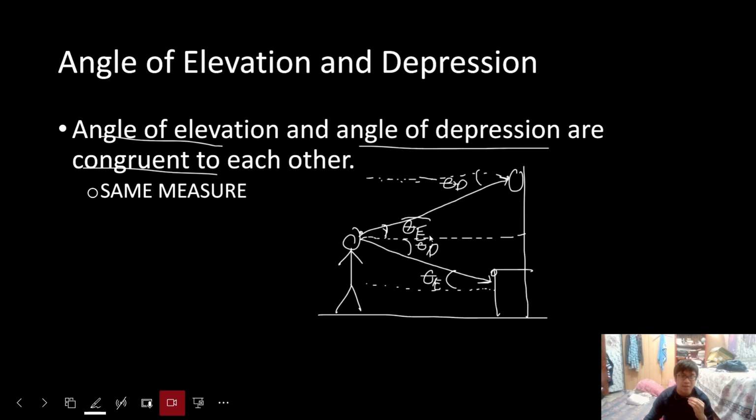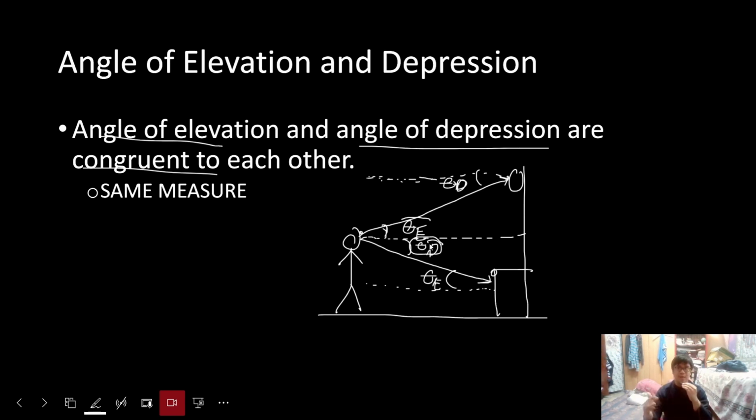But what if you tilt upward to look at the clock, but with an angle of depression? Here you draw an imaginary line, and then you have an angle of depression here. Similarly here, you tilt your face just to look at the box, so you're going horizontal going down. You form an angle of depression here.